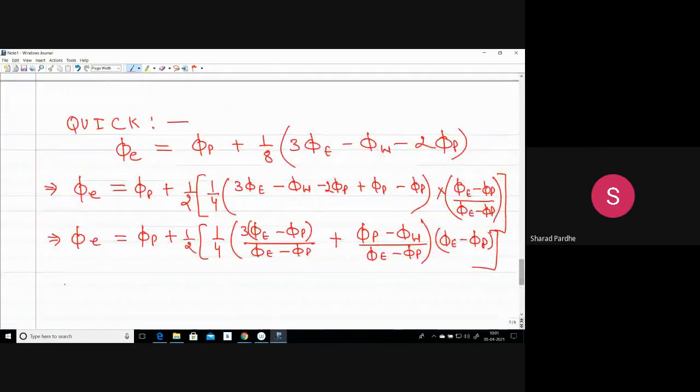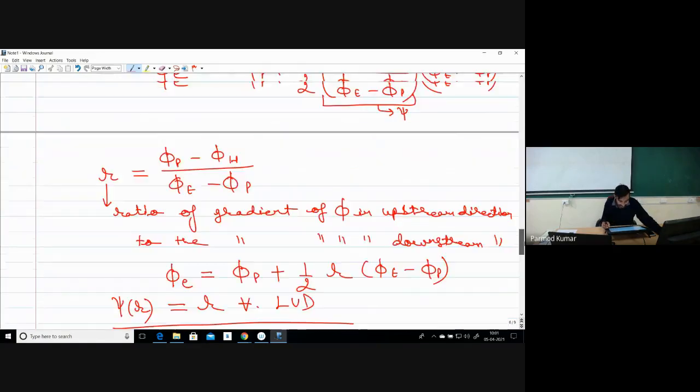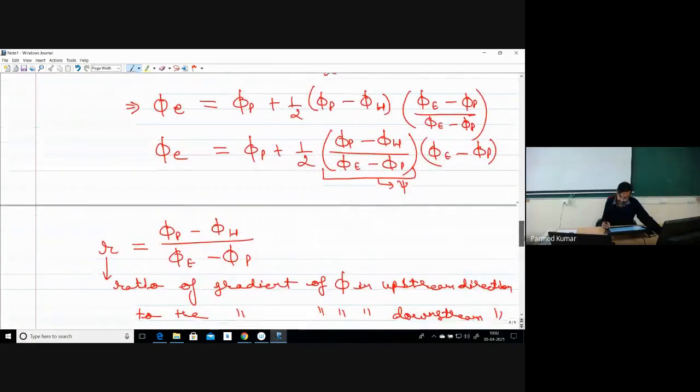Yes, sir. So from here I can write phi E as equal to phi P plus 1 by 2. The ratio phi E minus phi P will cancel, so inside I will get 3 by 4, plus this ratio phi P minus phi W over phi E minus phi P, which is nothing but our ratio r, if you see the definition of r.